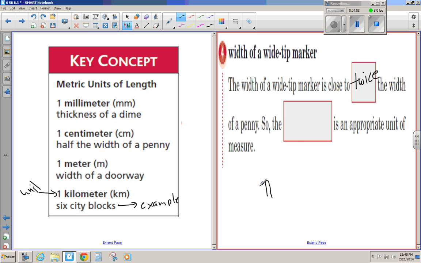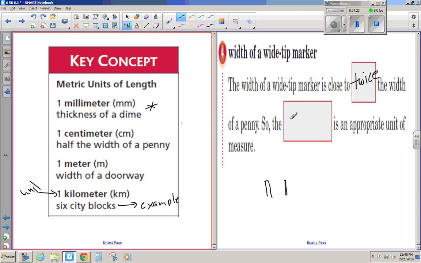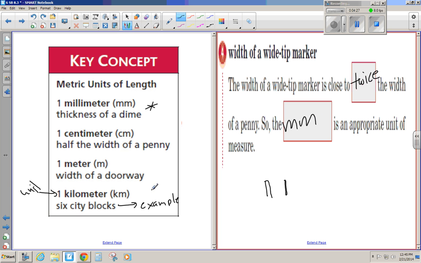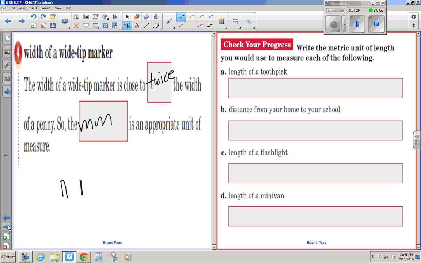If this is the tip of your marker, and here's your penny, it's about twice of that. Since 1 millimeter is the thickness of a dime, a millimeter is the appropriate unit of measure.